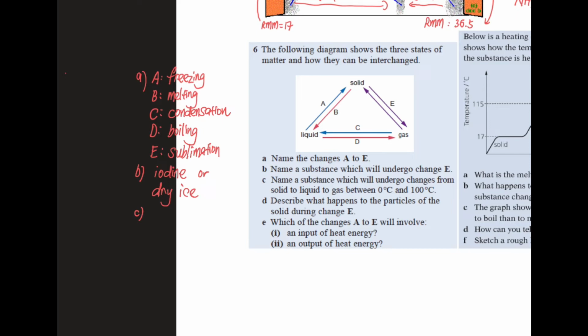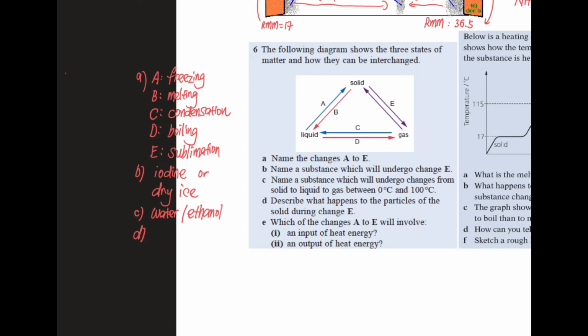Sodium hydroxide is a solid at room temperature, so it doesn't become gas at 100 degrees Celsius. The easiest example will be water. At 0 degrees Celsius it's solid, and at 100 degrees Celsius the water changes to steam. So that will be safe to use. What about alcohols like ethanol? If you say ethanol, that is fine.